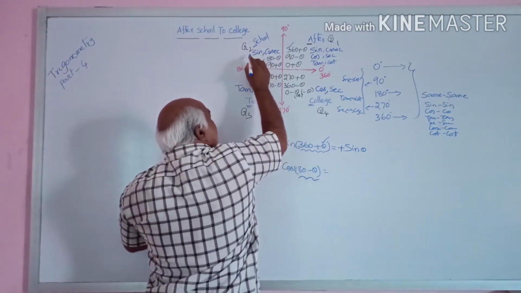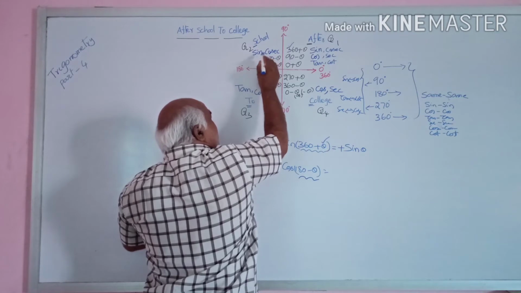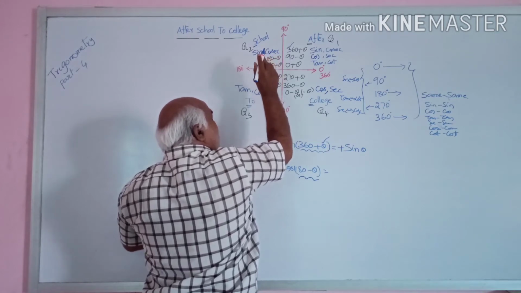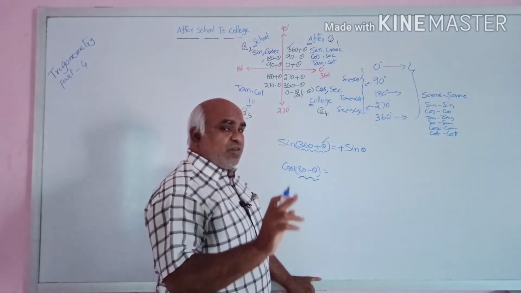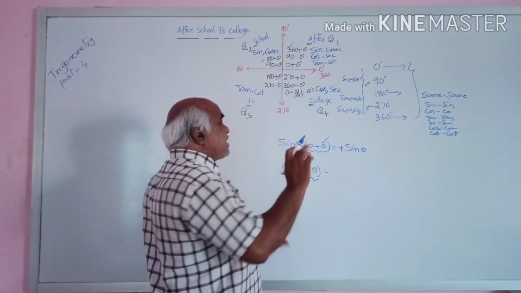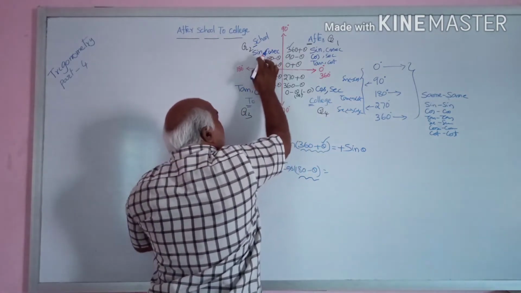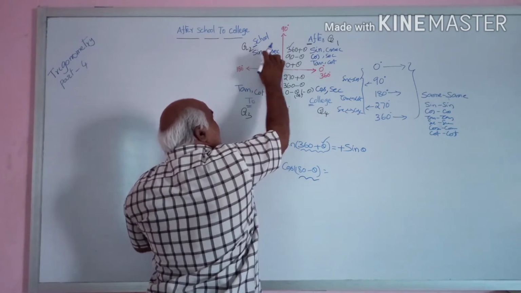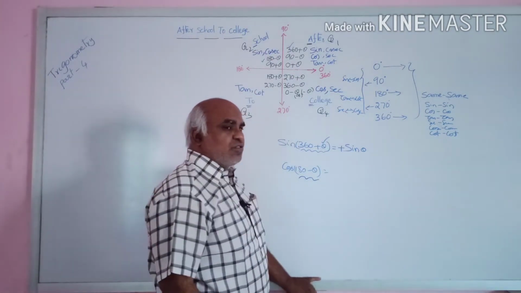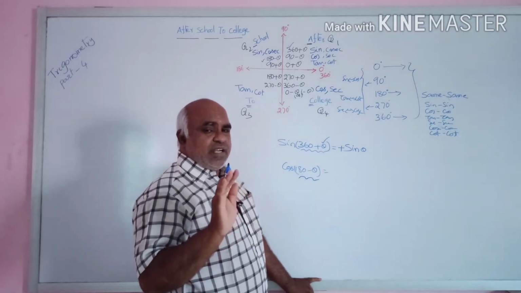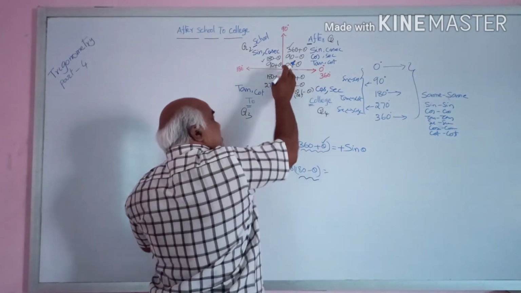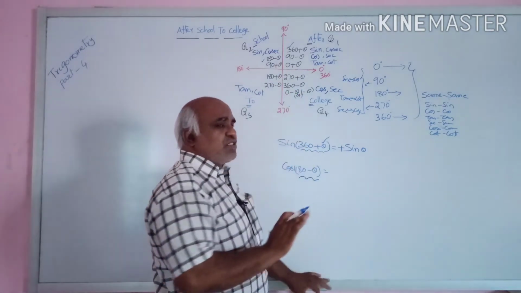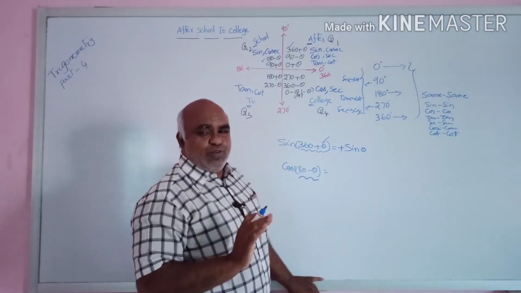In second quadrant, the two ratios, sine and cosecant, are only positive. Remaining four ratios are negative. First quadrant all positive. In second quadrant only two ratios. What are they? Sine and cosecant only positive. The remaining four ratios are negative. That means if any ratio appears in the quadrant, that is only positive, the remaining are negative.